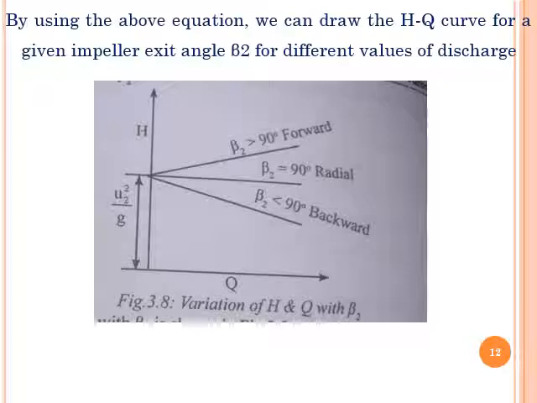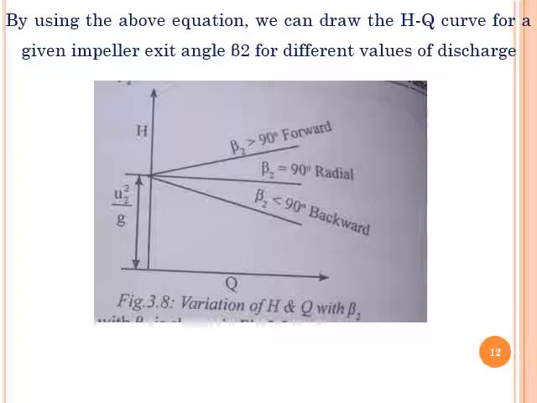In case beta 2 is equals to 90 degree, if you substitute that beta 2 value in the previous expression, the head remains constant.